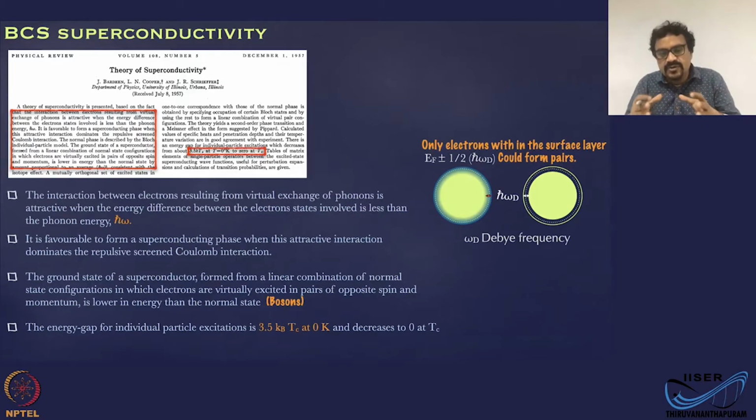So in more physics terms, the first electron can excite a phonon. That is a deformation that we are talking about, deformation to the lattice, because lattice deformations or lattice vibrations are actually phonons. And the next electron can absorb that phonon. So there is a virtual exchange of phonon, which can be attractive when the energy difference of the electron states involved is less than the phonon energy.